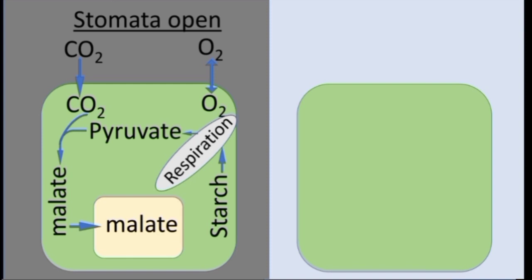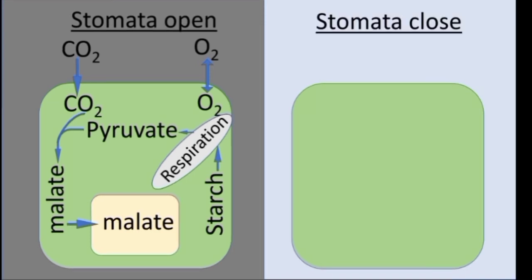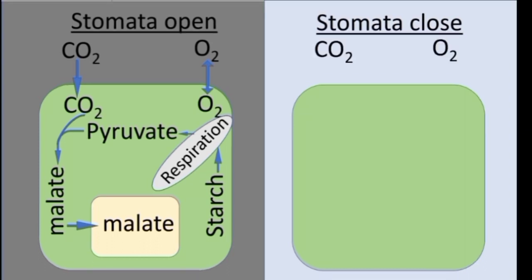During the daytime, stomata close as light intensity is very high and exchange of carbon dioxide and oxygen stops. But photosynthesis starts in the presence of sunlight, and the supply of CO2 for the photosynthesis is done by the malate that was stored in the vacuoles at night.